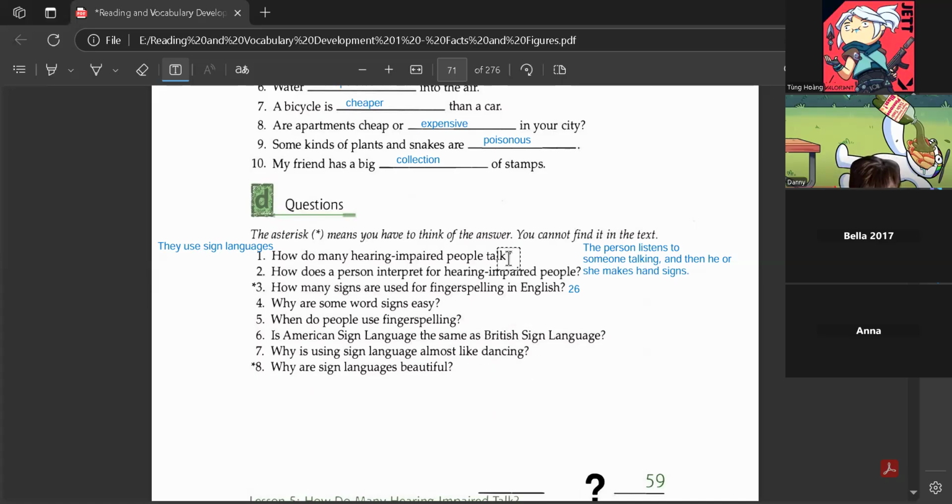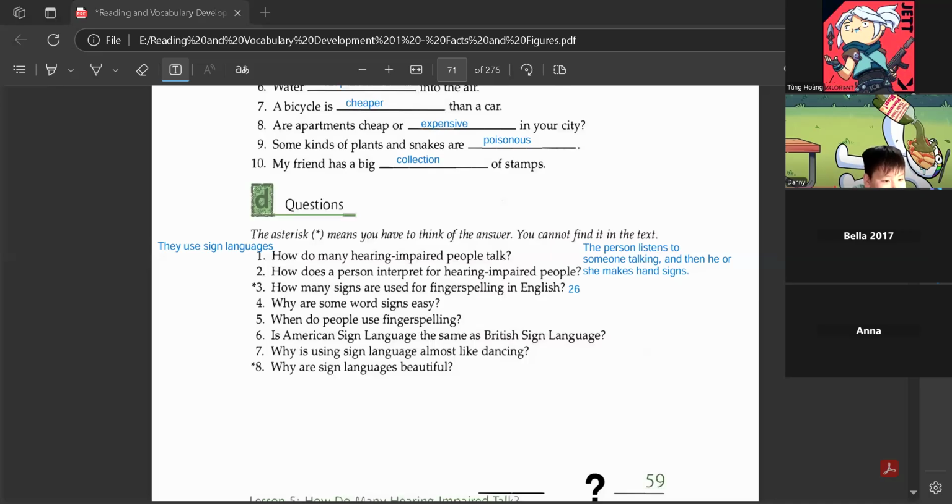Okay, Bella? Okay, number 4. Why are some word signs easy? Ruby, why are some word signs easy? Ruby?